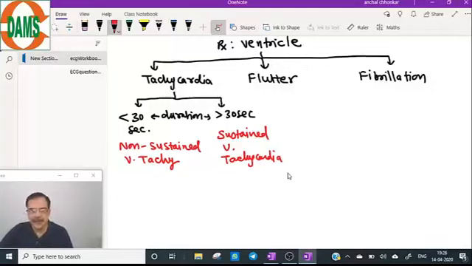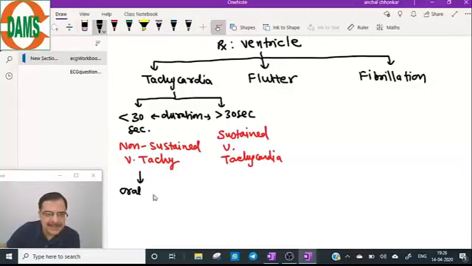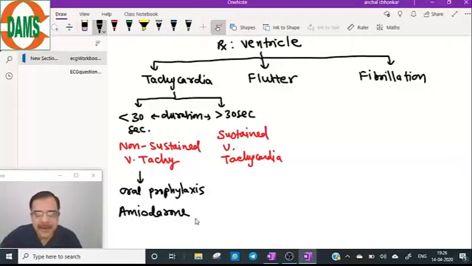For the treatment of non-sustained ventricle tachycardia, we will give prophylaxis. Oral prophylaxis is given so that it should not recur, and that is amiodarone. While if it is more than 30 seconds, that is a sustained tachycardia.